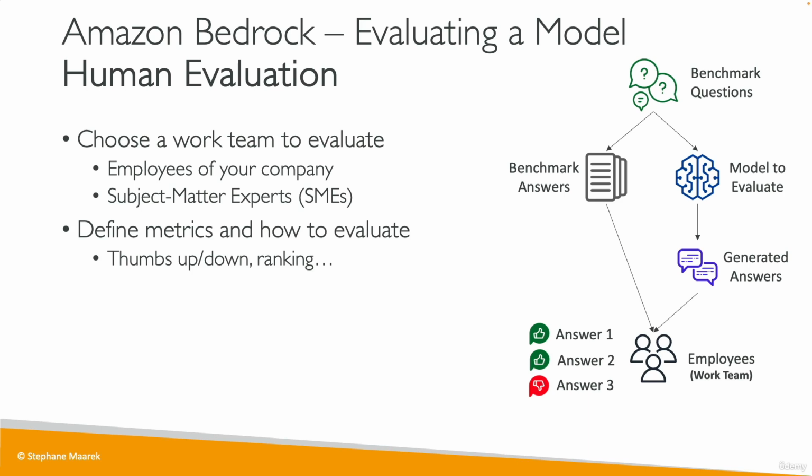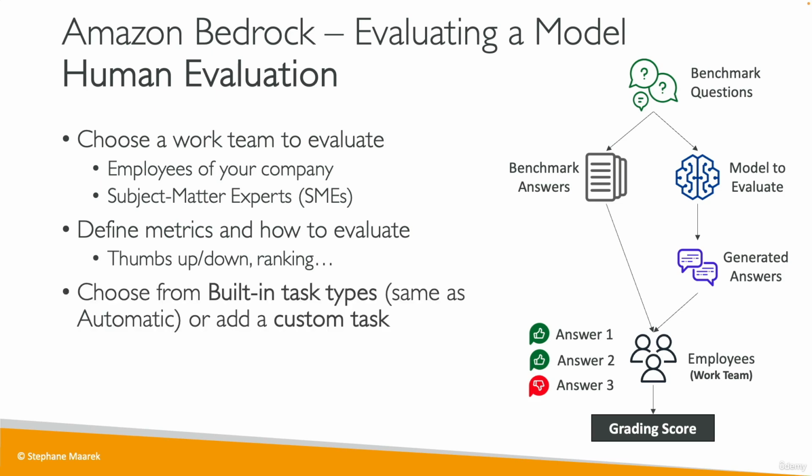So how can they evaluate? Well, there are different types of metrics. There's thumbs up or thumbs down, there's ranking and so on, and then it's going to give a grading score again. So this time there's a human part in it, and you may prefer it. You can again choose from the built-in task types, or you can create a custom task because now humans are evaluating it, so you are a little more free.